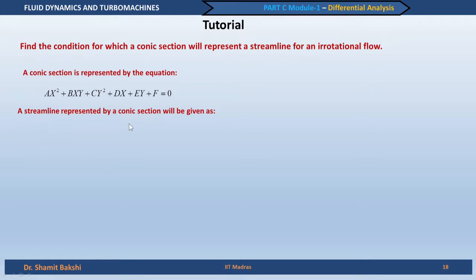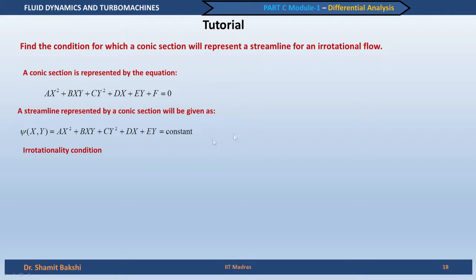The streamline represented by a conic section will be given as follows. Because psi x comma y is constant along a streamline, for a particular streamline psi x comma y is constant, and the function is given by this equation. So, this f can be taken to the other side, and we can get this particular equation of the streamline.